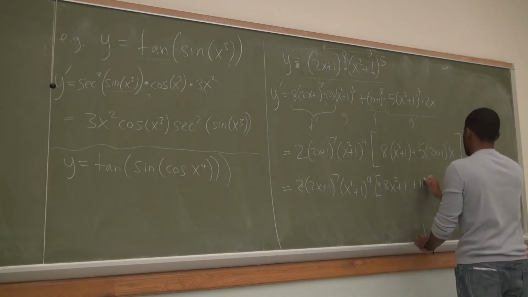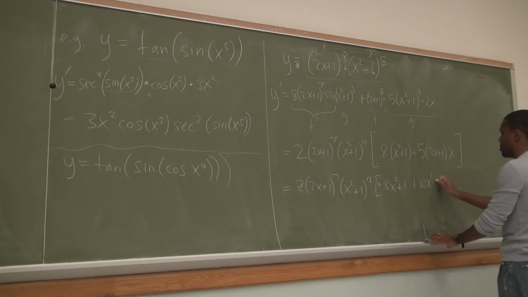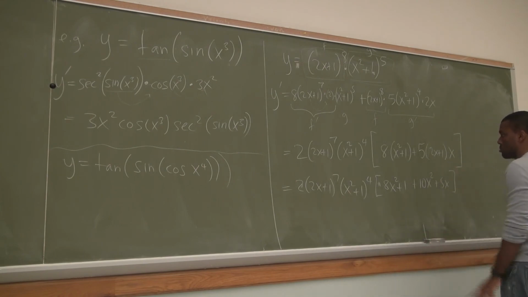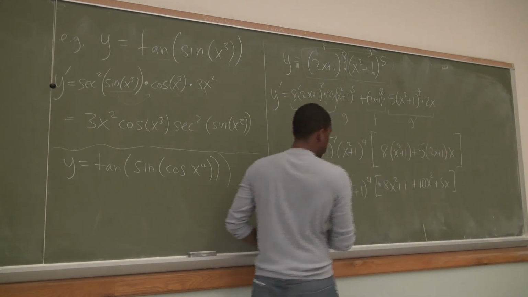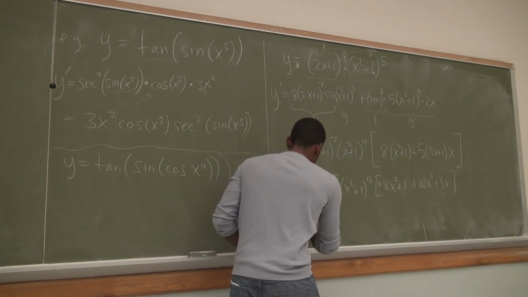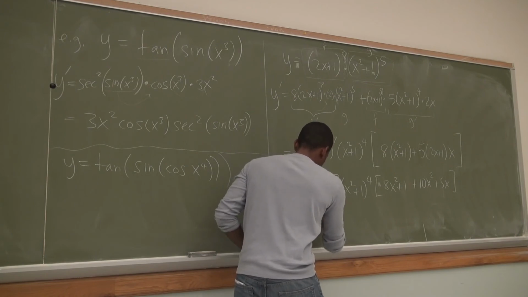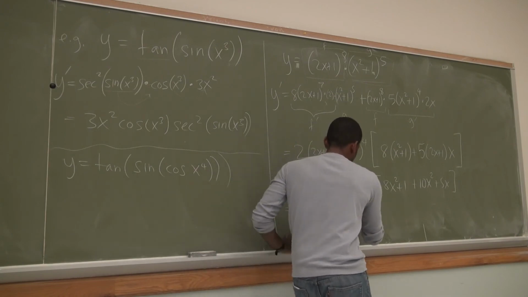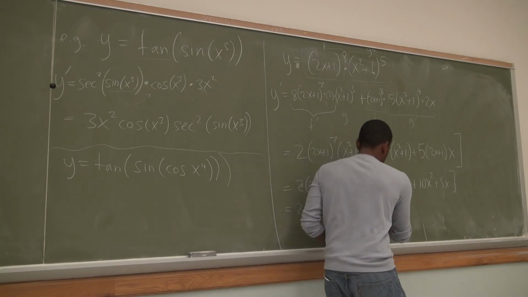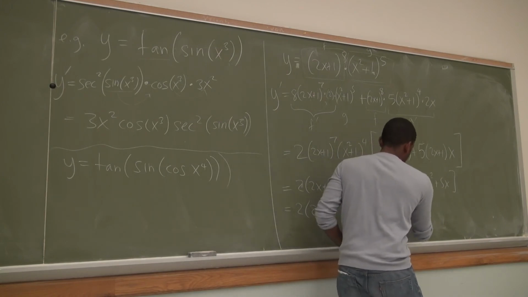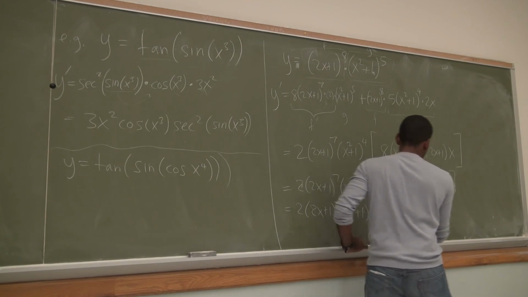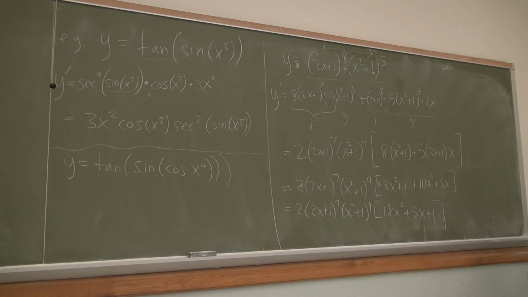Plus 10x squared plus 5x. 18x squared. That is it. 8x squared plus 8. Wait, 8x squared plus 8.